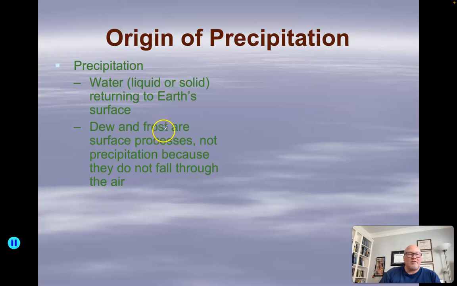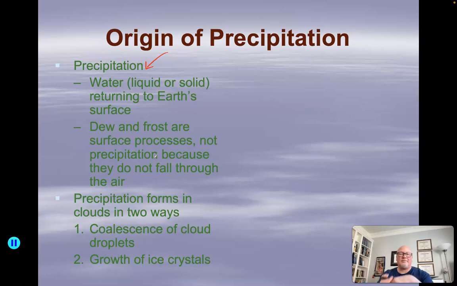Dew and frost occur on the Earth's surface when atmospheric water cools beyond its dew point and you still end up with condensation. But if that condensation occurs up in the atmosphere and then the water falls back down to the Earth, that is considered precipitation.